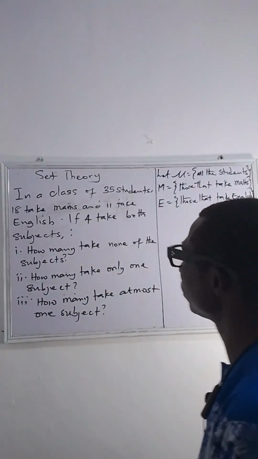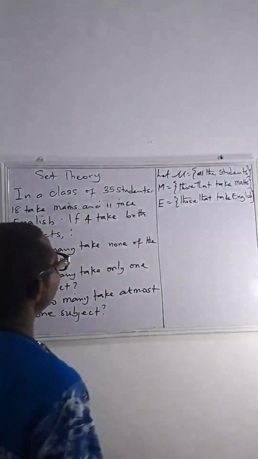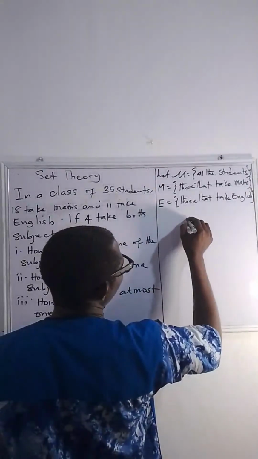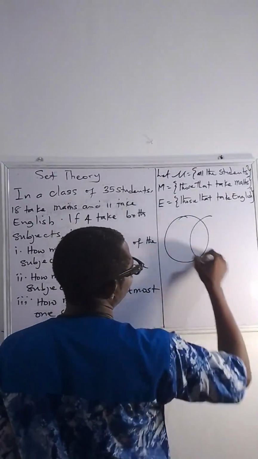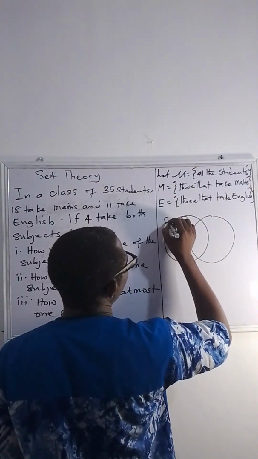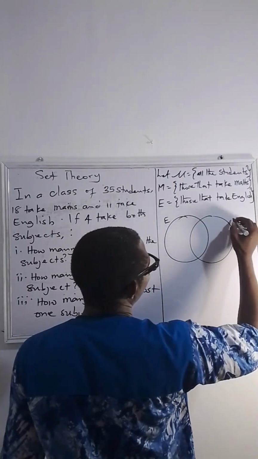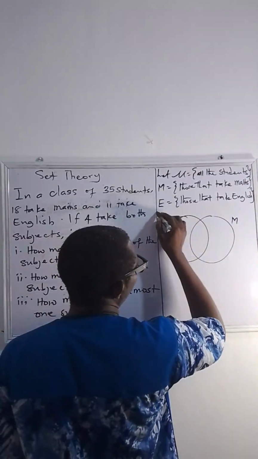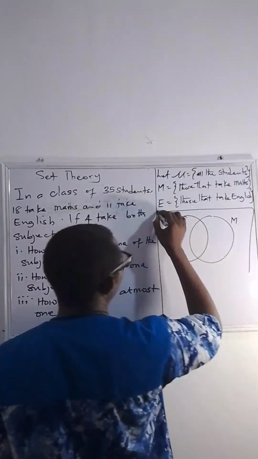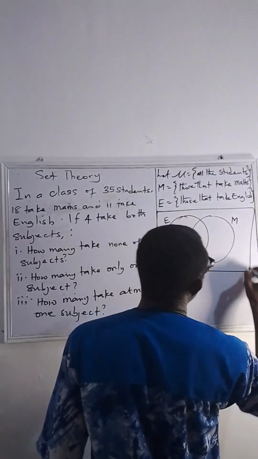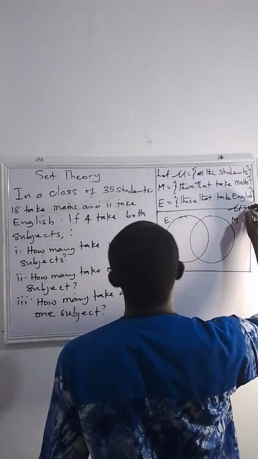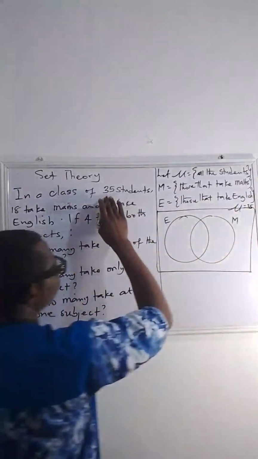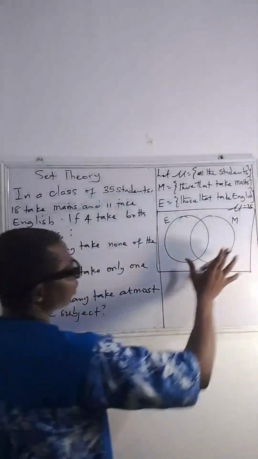All right, so we can now go straight to the problem here. So now let's draw the two subsets. Now this is the set of those that take English, and here the set of those that take mathematics. All of them are inside the universal set, which is equal to what? That's 35. Total number of students is 35.